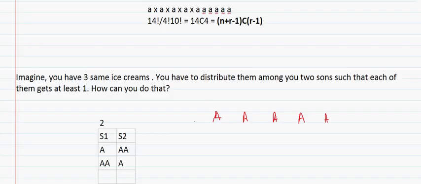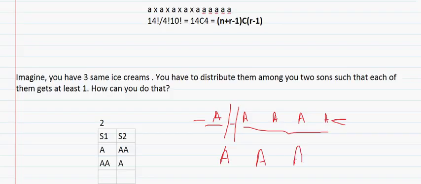Now our blinds cannot come here and here, right? And our blinds cannot be like this as well, right? This means 1 is given to S1, 0 to S2 and 4 to S3, right? So our blinds can come in a simple way.